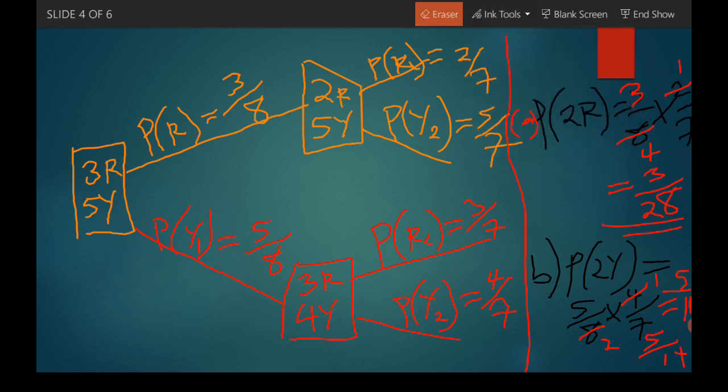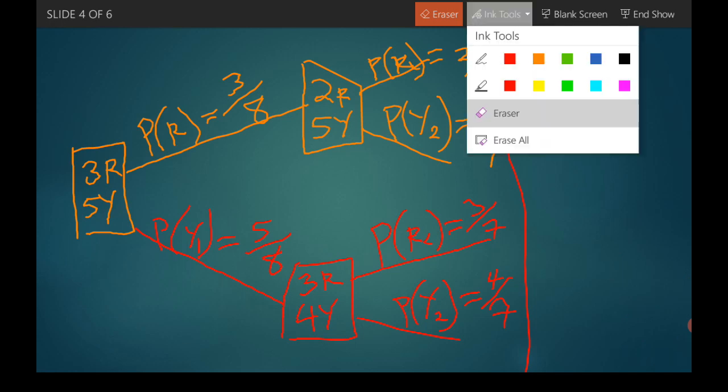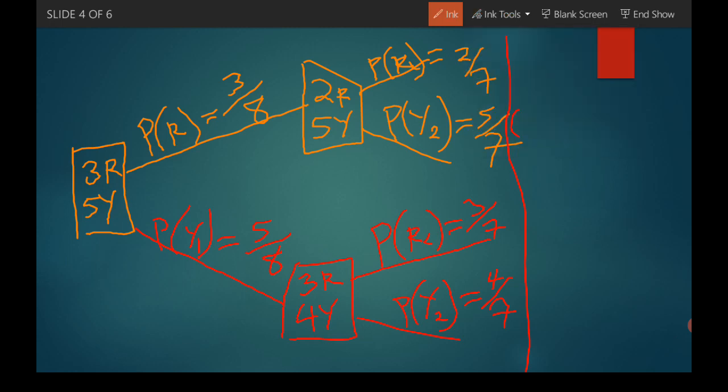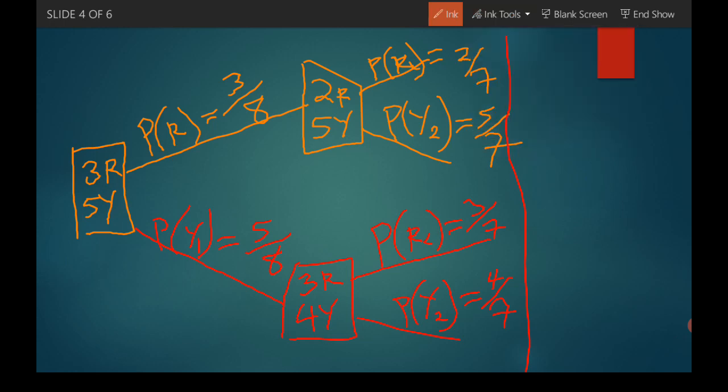Then the next question. The next question was saying find the probability that the first ball is red and the second ball is yellow. Now here we have a particular order. That particular order says that the first ball must be red and the second ball must be yellow.